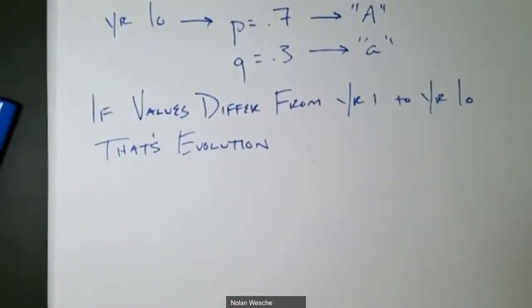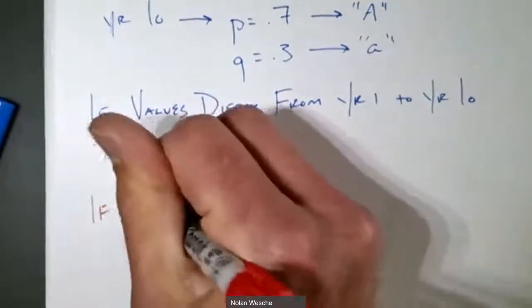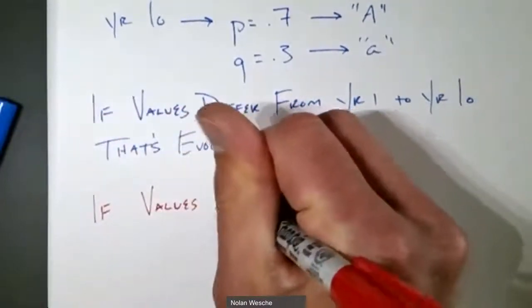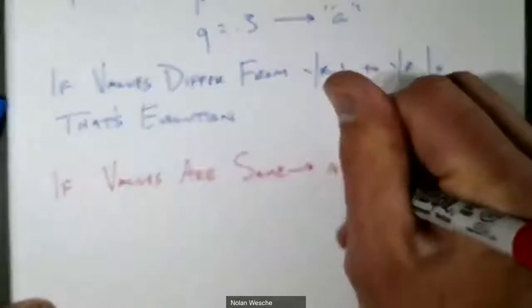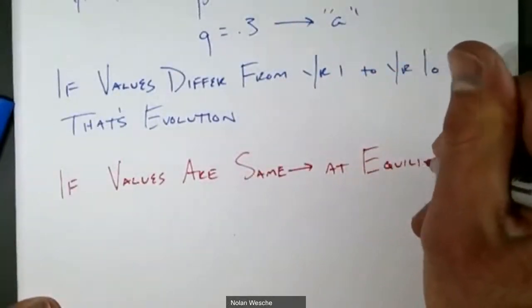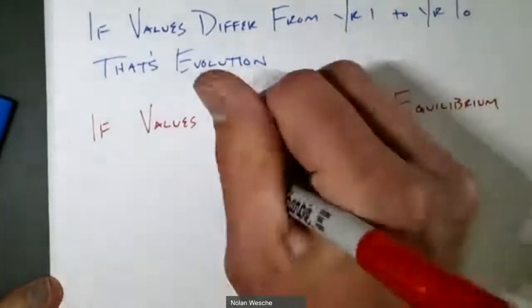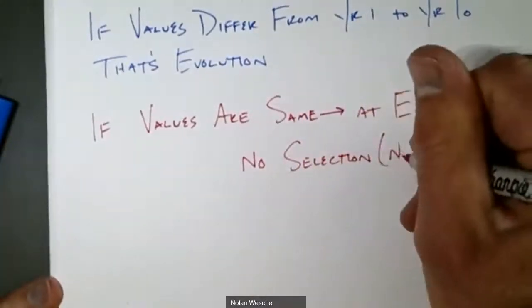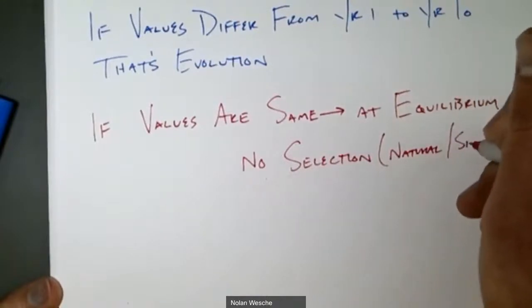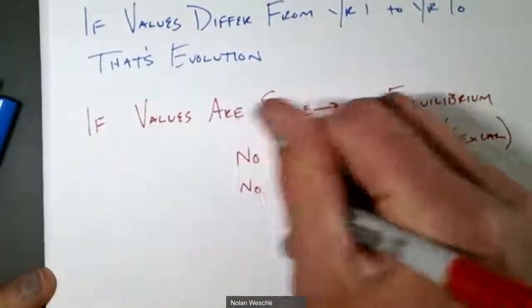So what happens if they don't change? If your values are the same, then you know your population is at equilibrium. And we could then definitively say that there's no selection happening, no natural selection or sexual selection. There is no genetic drift.